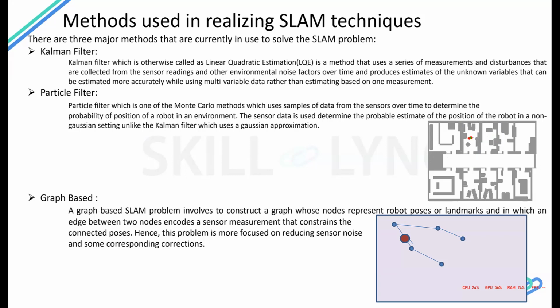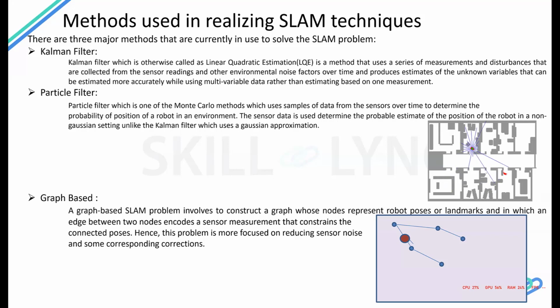How do you read the environment? Based on certain measurements, which involve some level of mathematics. These different methods of solving a SLAM problem will help us perceive this mathematical problem and solve it, right? So that is exactly what is happening here.